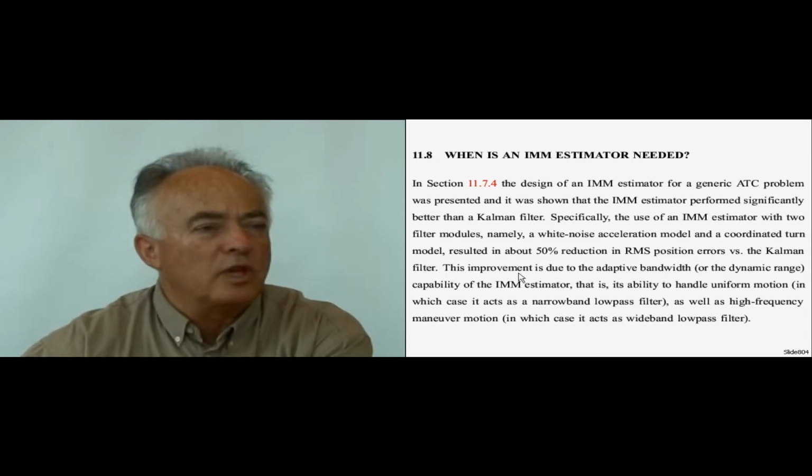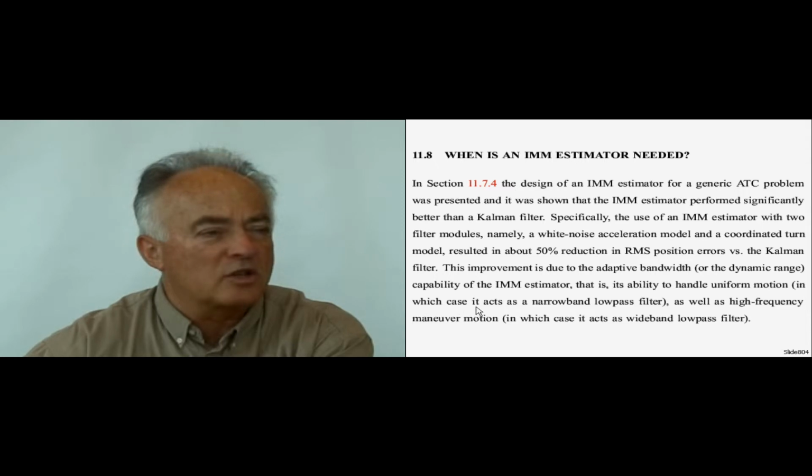This is due to the adaptive bandwidth or the dynamic range capability of the IMM estimator, namely its ability to handle uniform motion, in which case it acts as a narrow band low pass filter, as well as high frequency maneuver motion, in which case it acts as a wide band low pass filter.